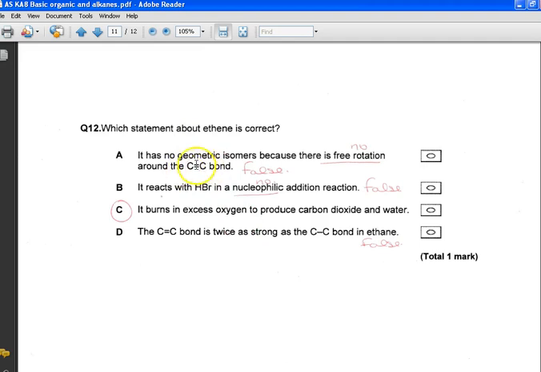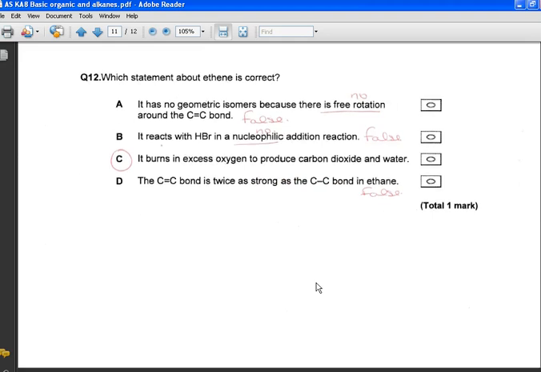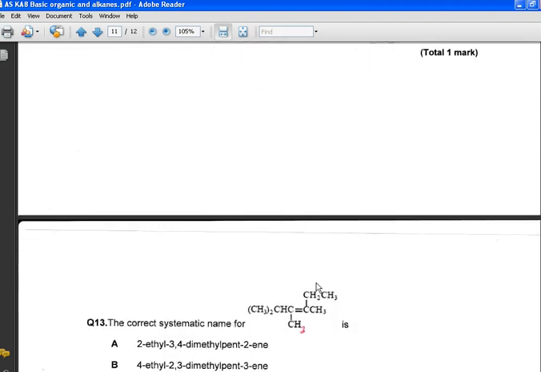So it's an electrophile, something that likes electrons, that is attacking this molecule. So not nucleophilic. It burns in excess oxygen. Well, yeah, it does. So you should know that, and then just check that this is also false, which it is. It's not twice as strong as the C-C bond, because as you know, they are not equivalent. The pi bond is weaker.